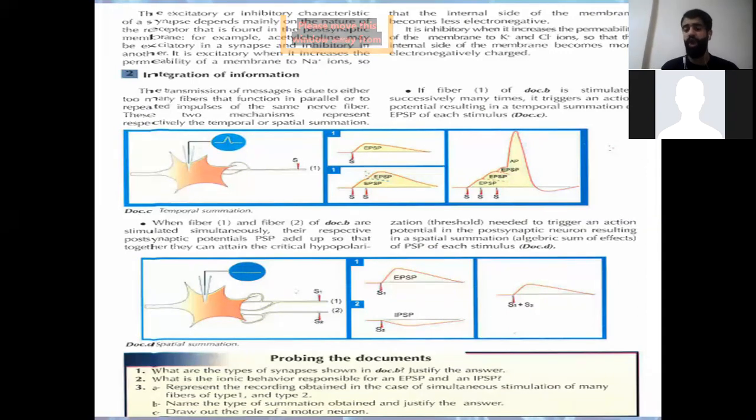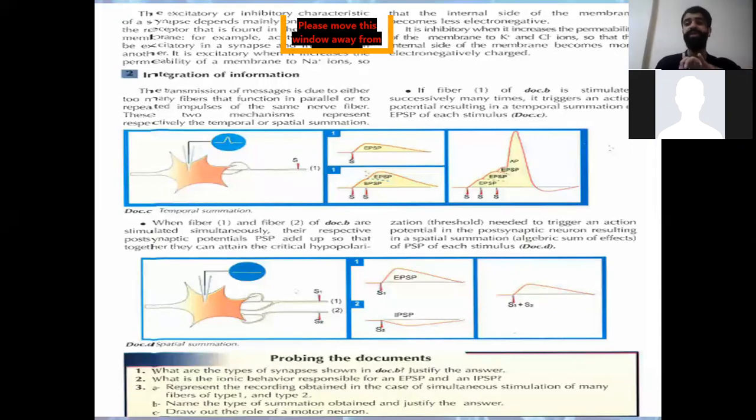It's excitatory when it increases the level of Na plus entrance inside the cell. So whenever Na plus opens the channels and enters inside the cell, the internal will become less negative. So it will move toward the positive. And this is called the hypopolarization or the depolarization.